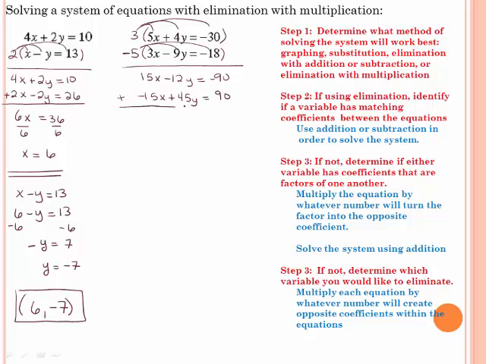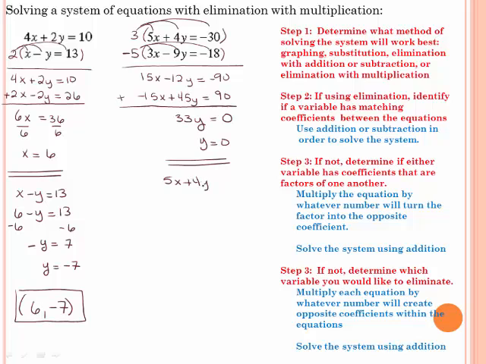Now I can add the systems together. I solve using addition. Negative 15 and positive 15 cancel. Negative 12 plus 45 is 33y is equal to negative 90, and positive 90 gives me a 0. So y is equal to 0. And then I can pick either equation.